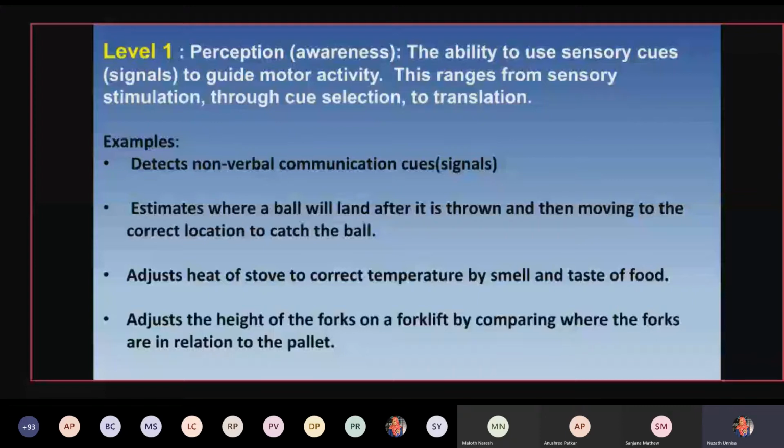So that is perception, imagining and adjusting yourself by moving and changing position. One more example is adjusting the heat of a stove to the correct temperature by the smell and taste of food. That is also perception, and moving something to make it adjusted.